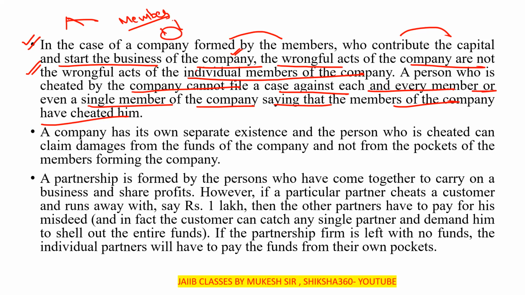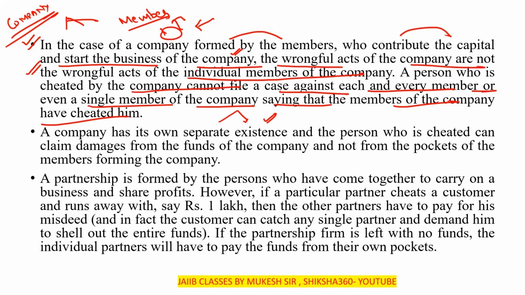Overall, who is responsible? The company is the entity that is responsible. So a company has its own separate existence, and the person who is cheated can claim damages from the funds of the company and not from the pockets of the members forming the company.